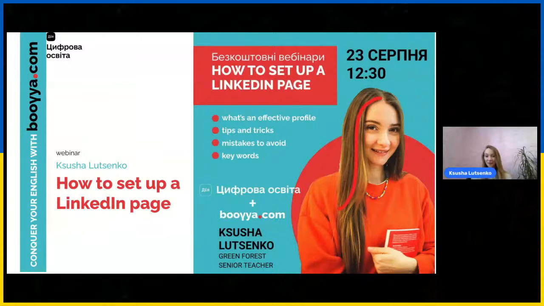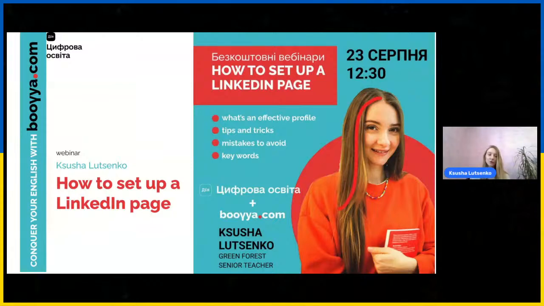Well, first of all, our topic is how to set up a LinkedIn page. And we're going to go through a couple of points that I think are really important to talk about. So, first of all, we're going to discuss what LinkedIn is and why it is important to have it these days. At the same time, we're going to go through visually effective tips to make your profile work for you.